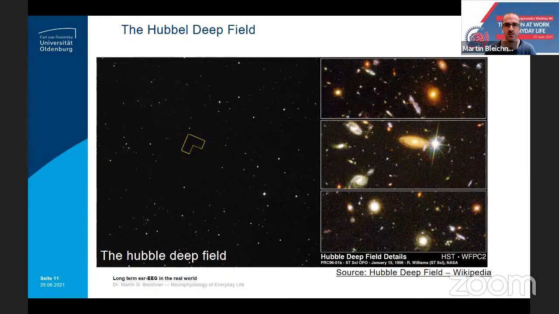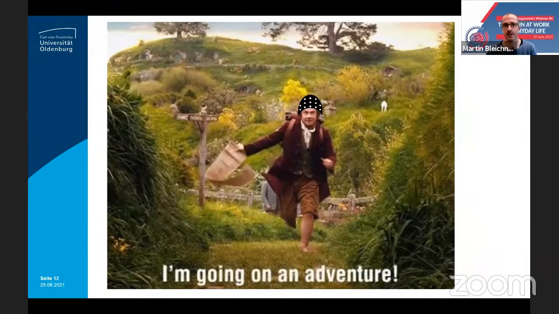And just like the deep field picture was not a trivial task, after all, the telescope is not standing still while these pictures are made, mobile EEG in everyday life is not a trivial task either, as we have already heard. So if you now think, great, I just grab a mobile EEG and get going, I would say not so fast. EEG remains a tricky business.